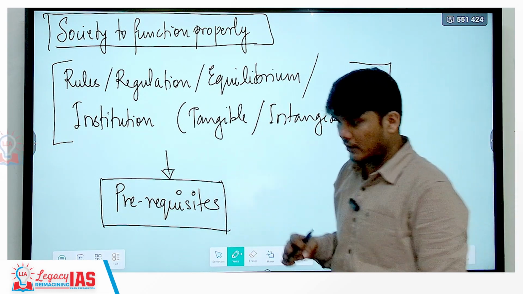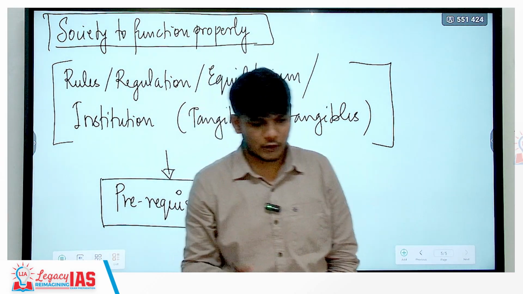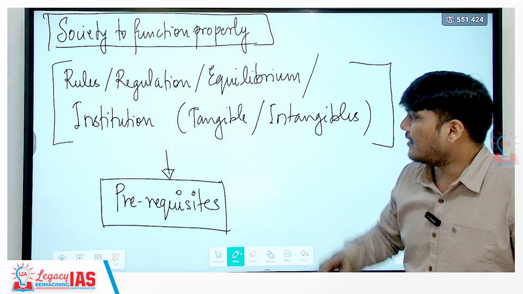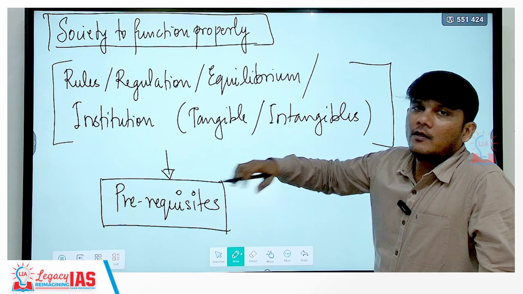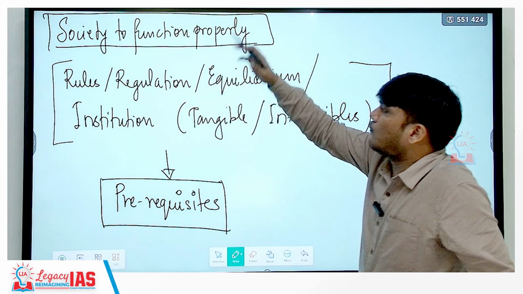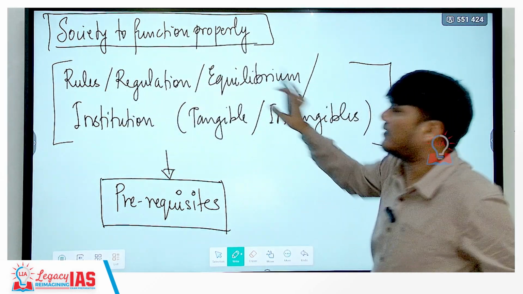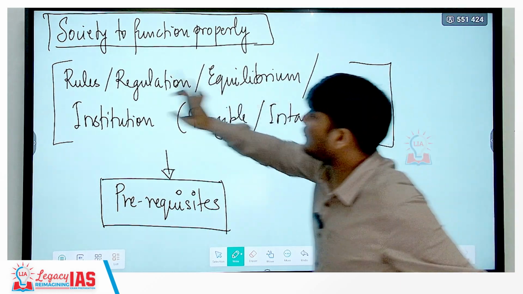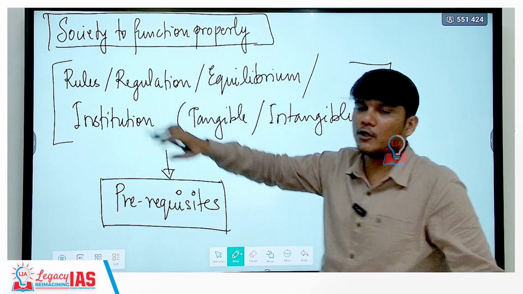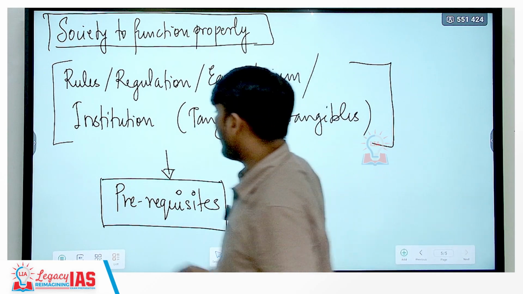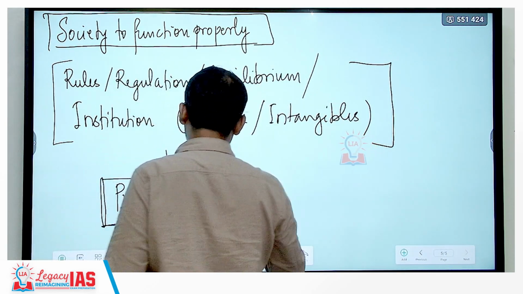These are technical terms which will make your answer sociological. So the basic requirements of a society to function properly can be many things. All these things which are required for the society to function properly are known as the prerequisites.